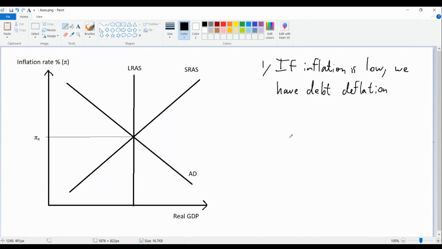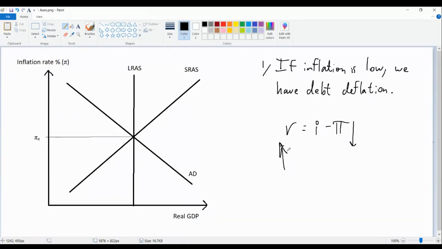And the idea there is that, again, the real interest rate is the nominal interest rate minus inflation. If unexpected inflation turns out to be really low, that's raising real interest rates on outstanding debt for which the nominal interest rate is given, right? And that makes the real burden of paying back the debt much heavier.